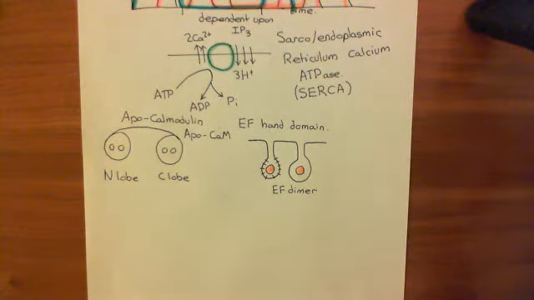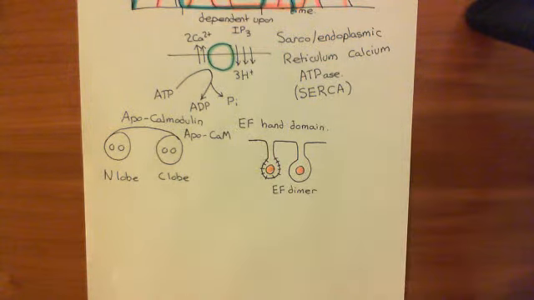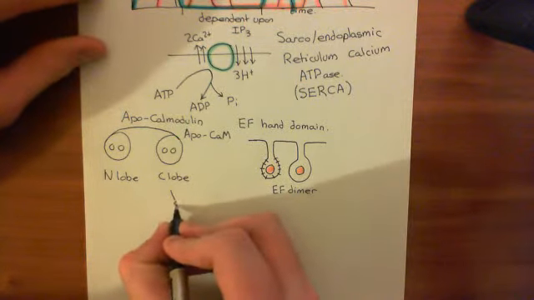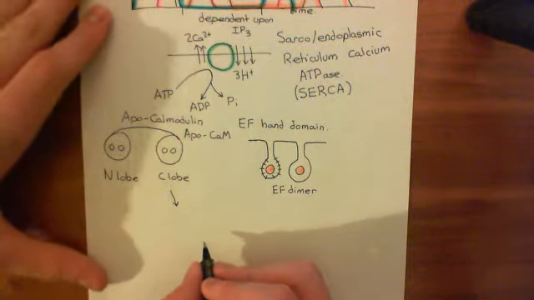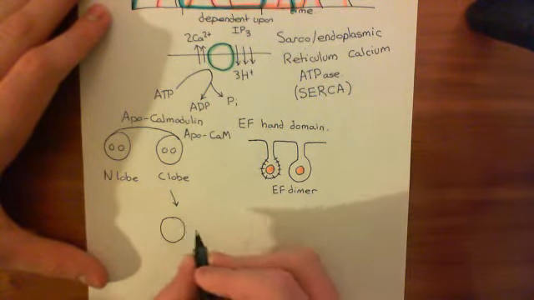So what can happen is when calcium goes up in the cell, calcium ions are going to come and bind to these four calcium binding sites on the apocalmodulin molecule, and that's going to cause a change in conformation. It's going to take on a conformation that looks more like this.